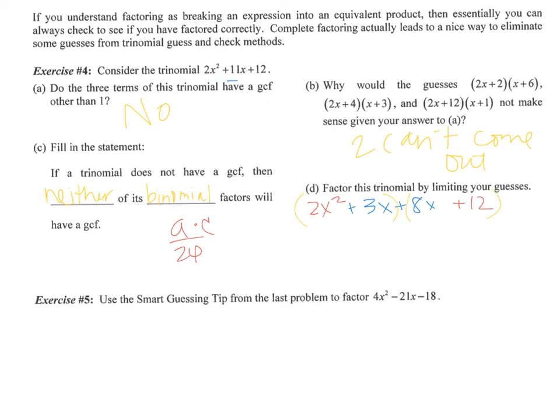Greatest common factor in the first one is x, and we're left with 2x plus 3. And in the next one is 4, and we're left with 2x plus 3. So 2x plus 3 is our first binomial, and our second binomial is x plus 4.